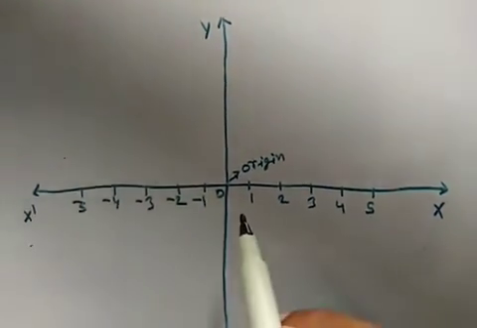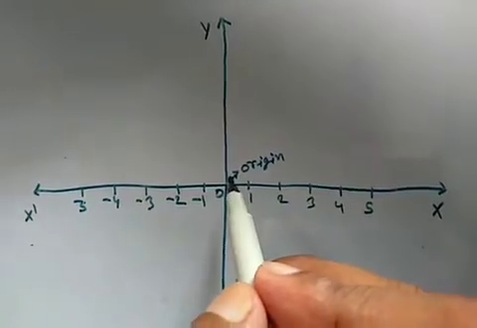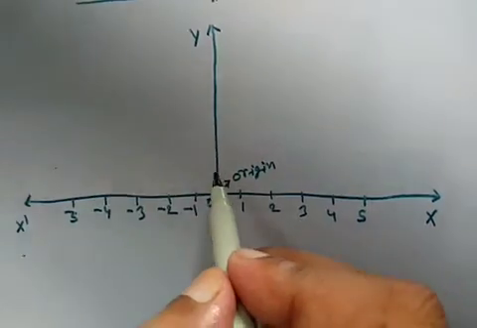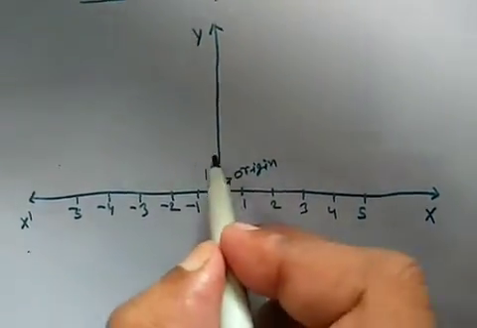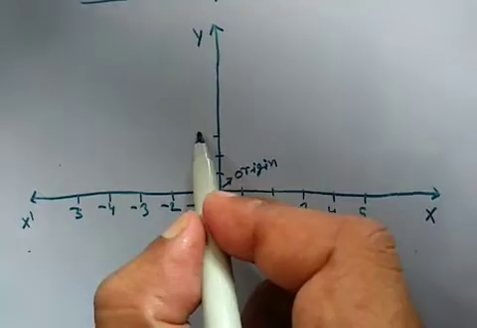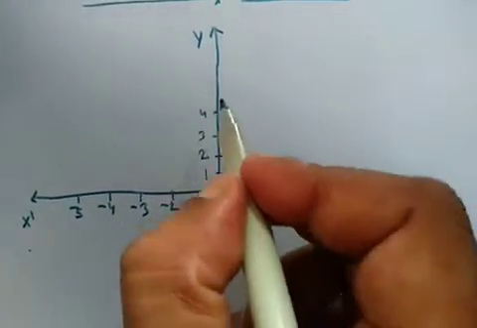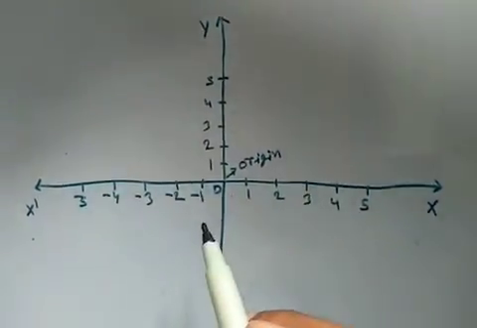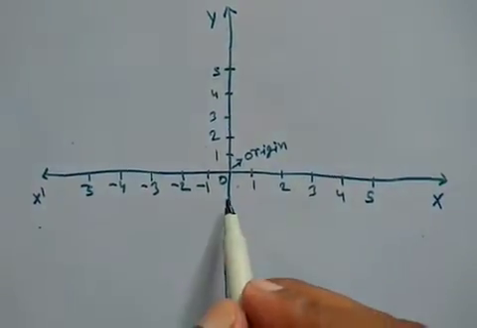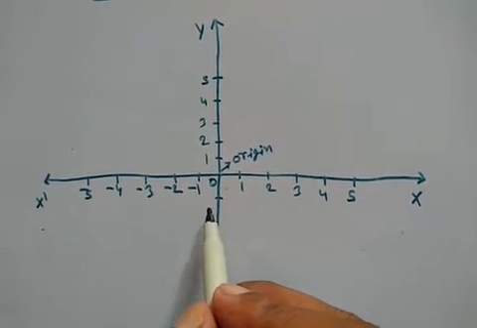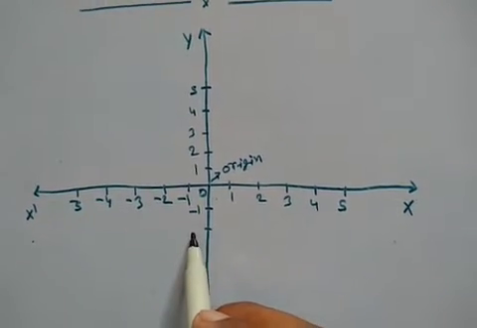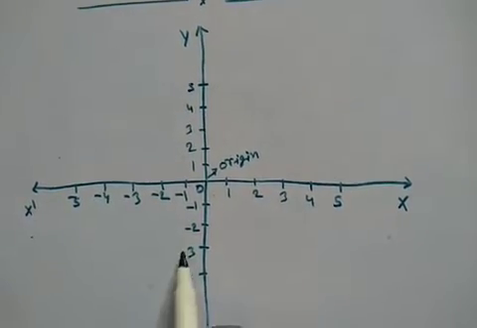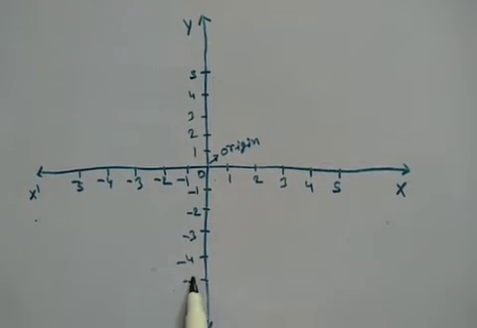Similarly, on the y-axis we write positive numbers on the upper side of the origin like this: 1, 2, 3, 4, 5 and so on, and negative numbers on the lower side of the origin like -1, -2, -3, -4, -5 and so on.